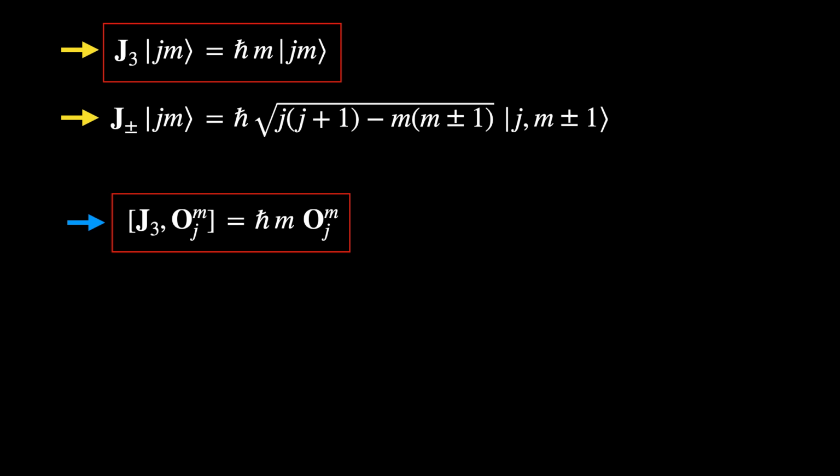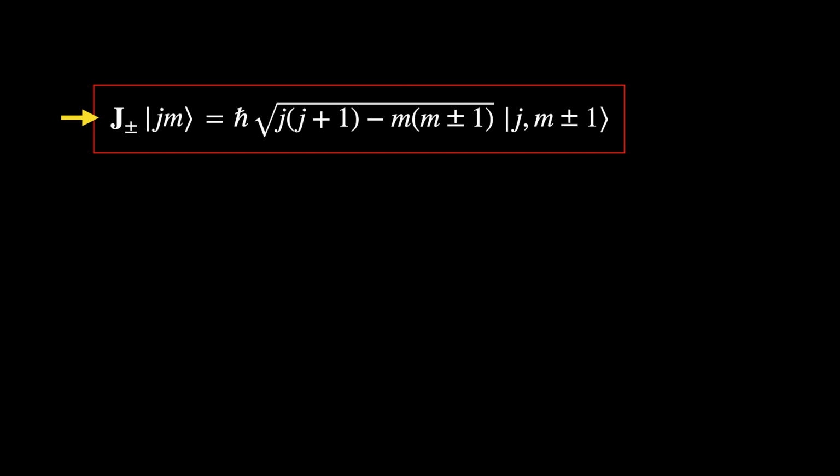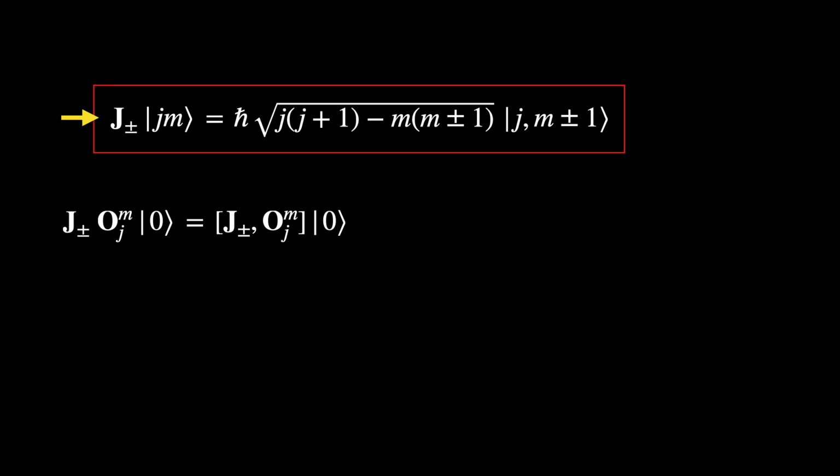Now let's do the same for the second condition. Note again that the zero angular momentum state, being invariant under all rotations, must give zero under the action of all rotation generators. By the condition above, this must be equal to this.